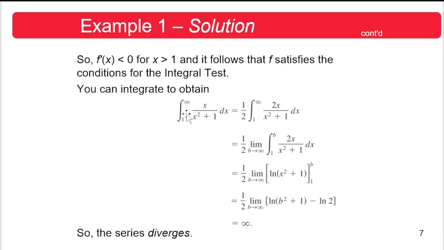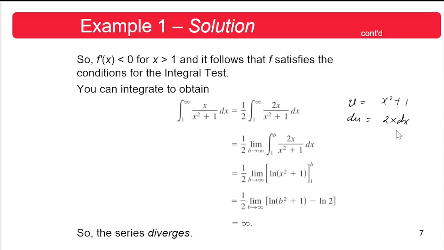In the integral test, we need to evaluate the integral of f of x dx, where f of x is x over x squared plus 1, times dx, where x is from 1 to positive infinity. If we let u be the denominator, x squared plus 1, then du is 2x dx.